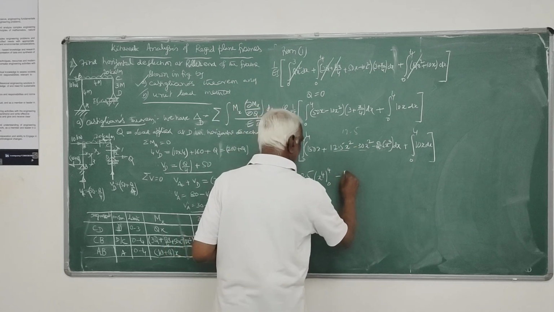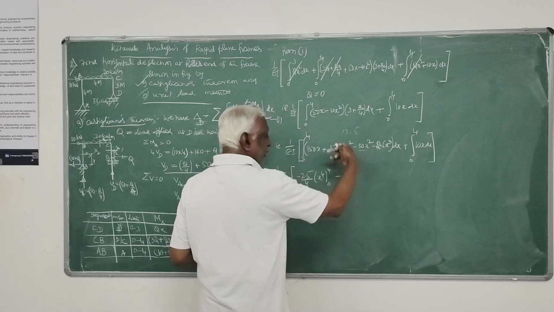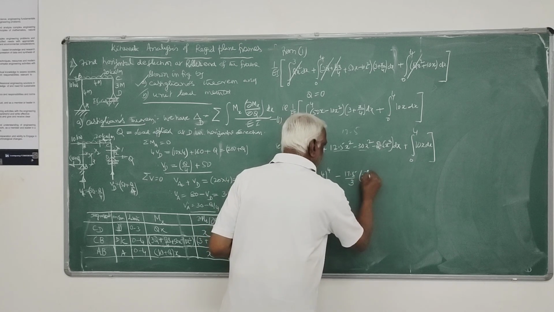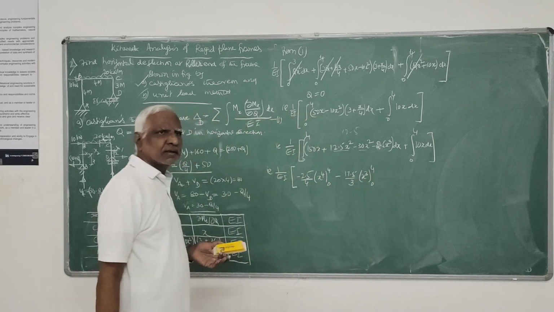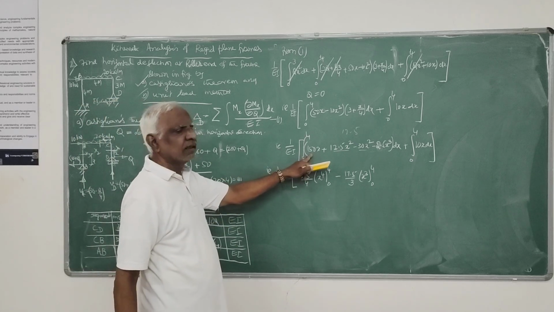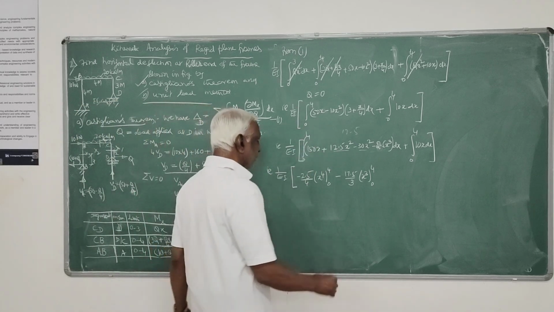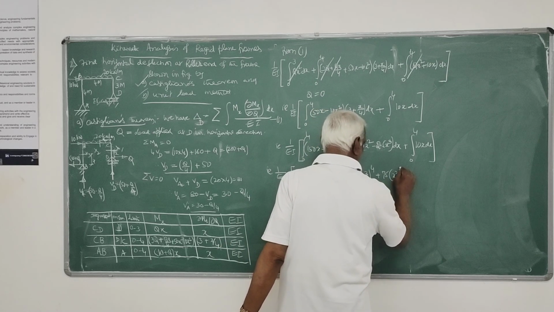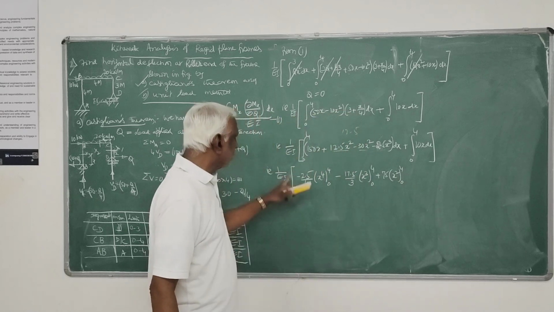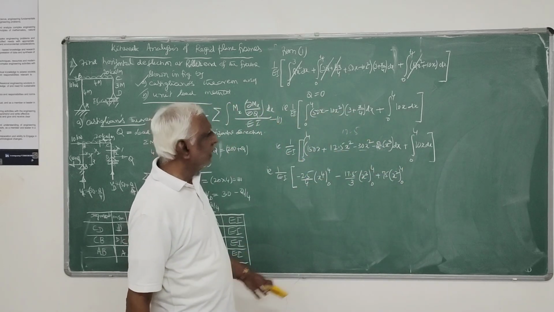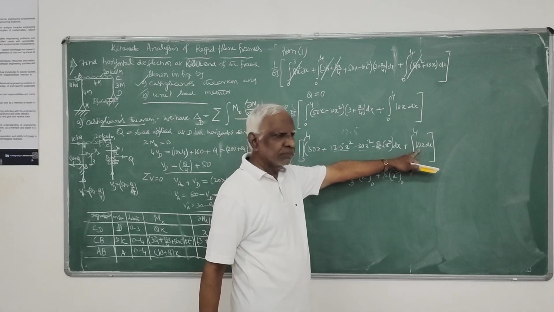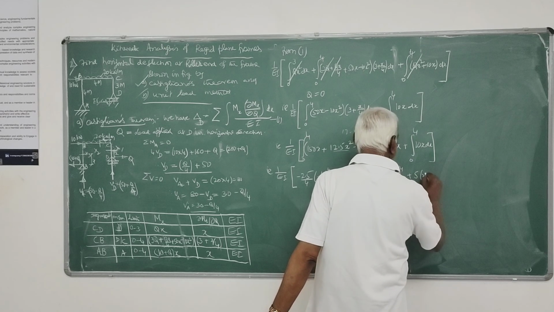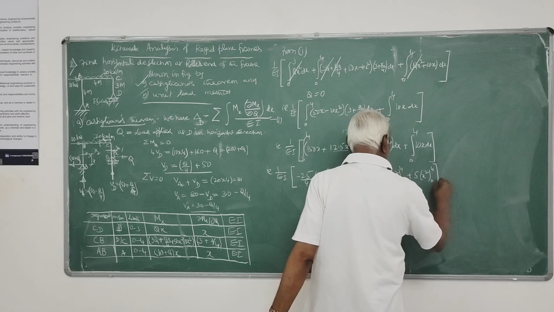Minus 17.5 into integral x square dx is x cube by 3, limits 4 to 0. Then 150 by 2 means 75 x square, limits 4 to 0. Then 10x squared by 2 is 5x square, limits 4 to 0.